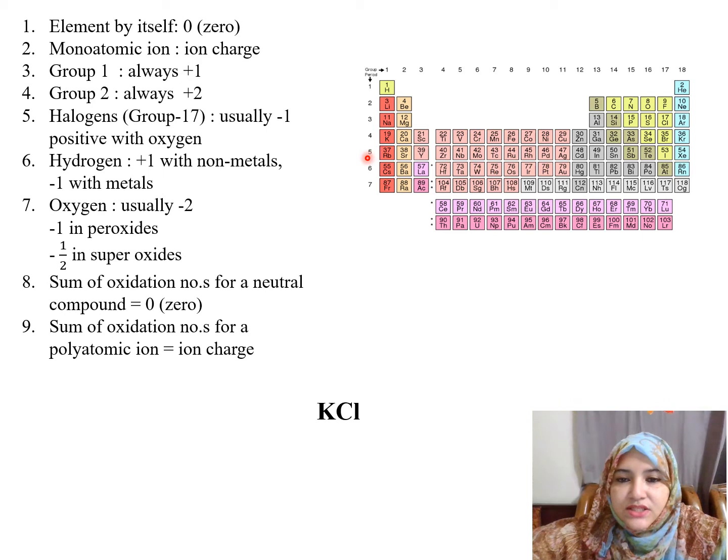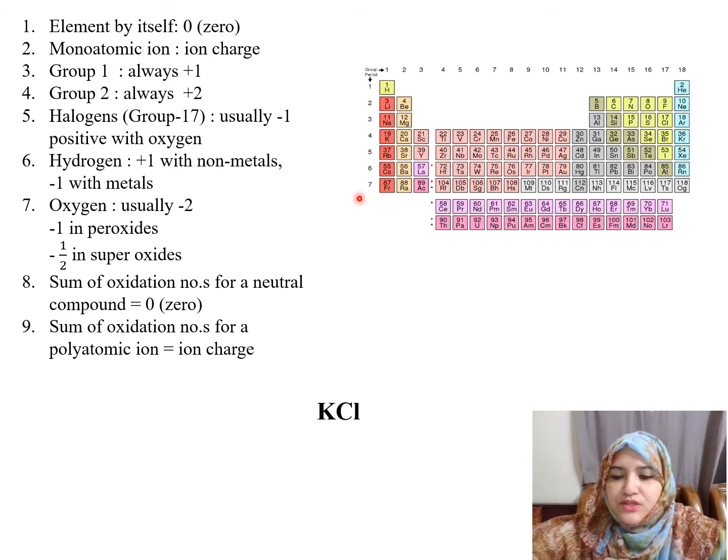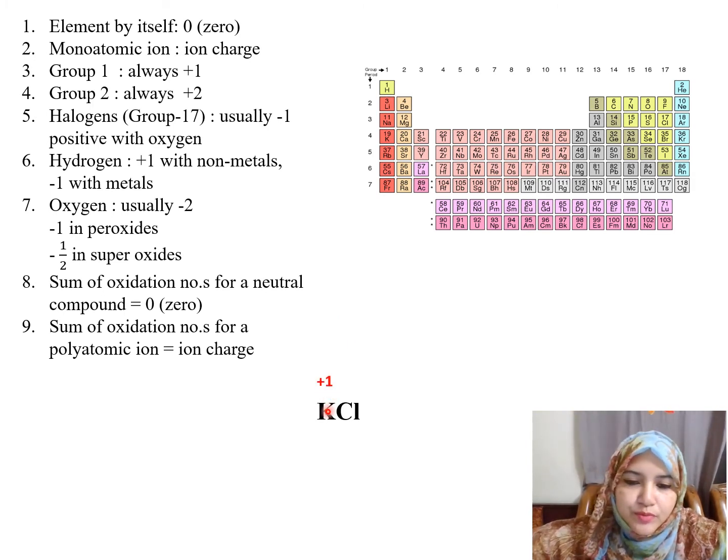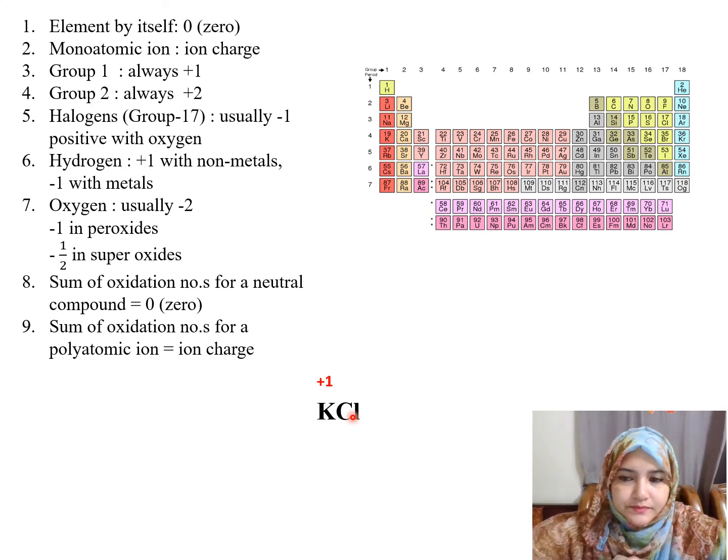So there is this rule, number 3, that the elements in group 1 always have a plus 1 oxidation state. So potassium's oxidation number is plus 1. We put plus 1 here.